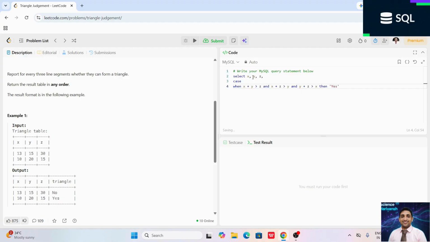Here we are directly applying the triangle inequality rule. The question says report whether they can form a triangle, and this is exactly how we check it. If all 3 conditions are true, then we return yes.